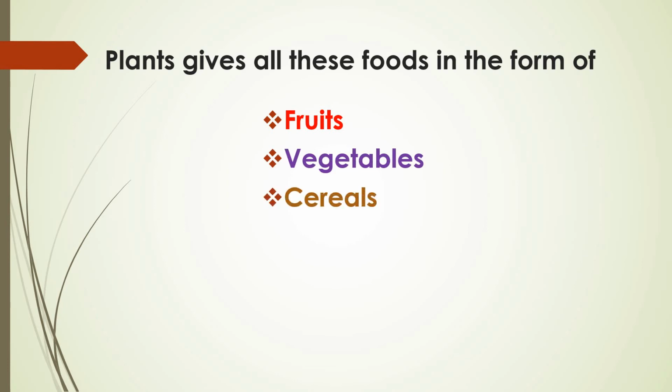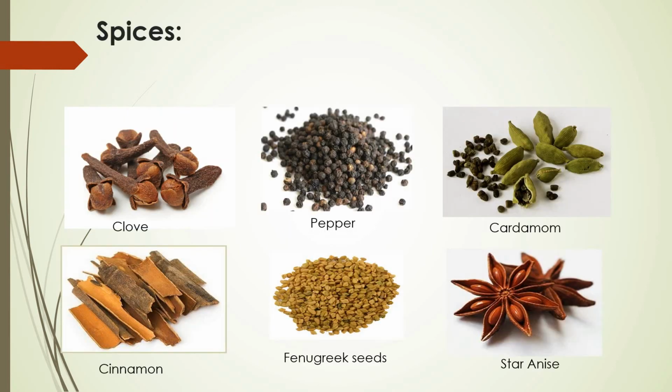We get food in the form of cereals such as rice, wheat, paddy, etc. We get food from plants in the form of pulses like beans, peas, etc. We also get food in the form of coffee from plants. And we also get food in the form of tea from plants. Is that clear, boys? And finally, we can also get spices from plants.